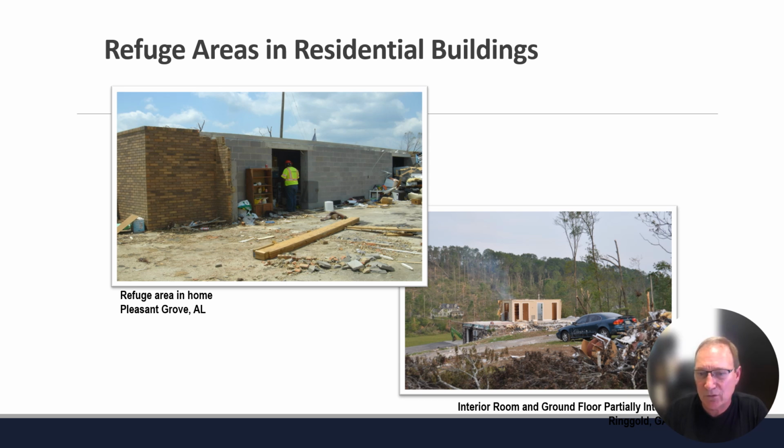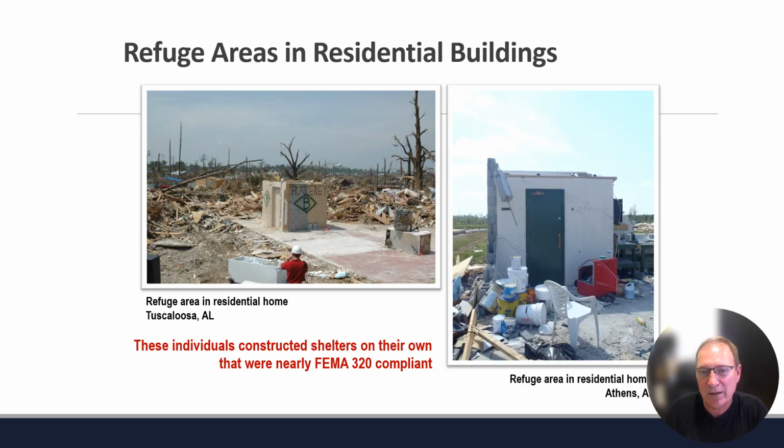If you're going to live in some of these areas that are more prone to, again, these greater intensity winds, the recommendation is that you have something called a safe room, and that can be one of two areas.